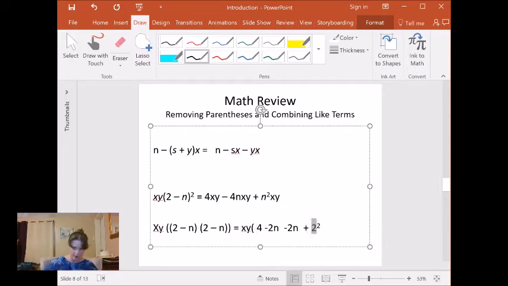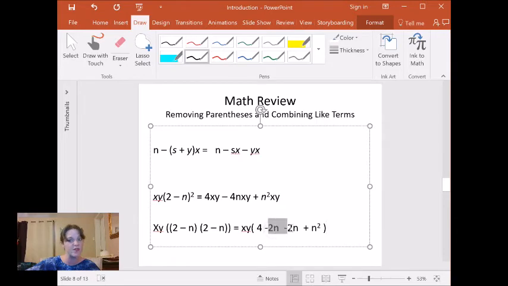So I have xy times 4 minus 2n minus 2n plus n squared. So I combine these like terms, because these are not n squareds, these are just n's.